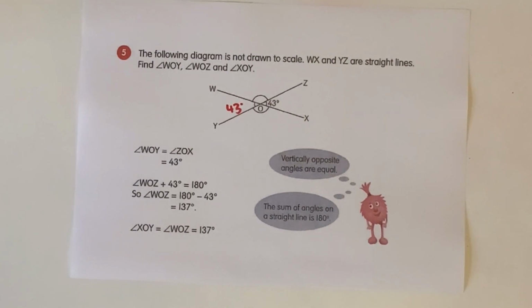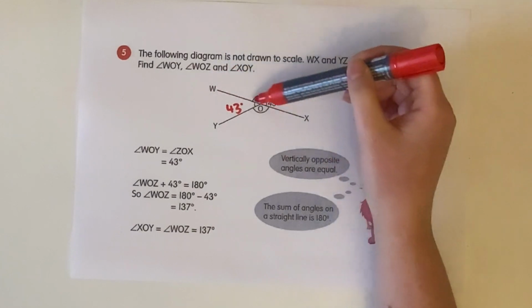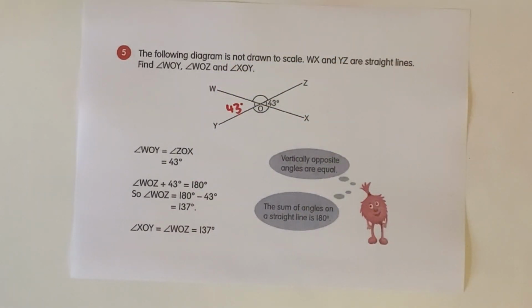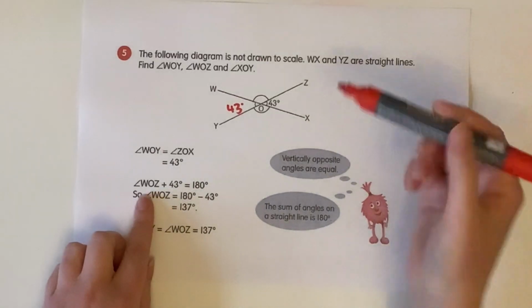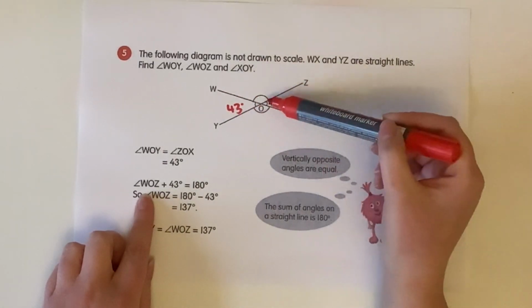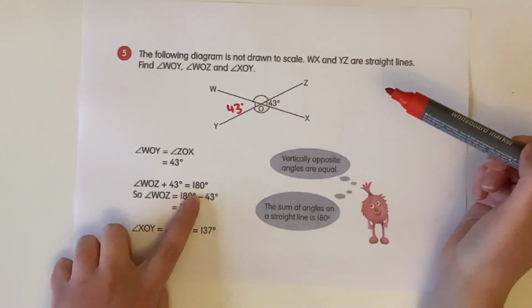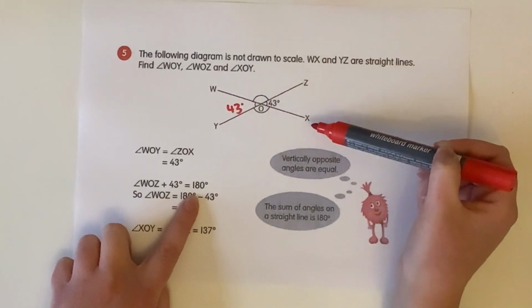I need to now work out what WOZ and XOY equal. So I know that WOZ plus 43 degrees equals 180 degrees because it's on a straight line.